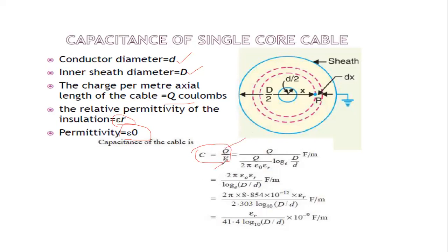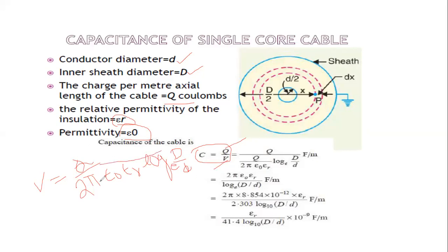Remember the voltage formula: V is equal to Q by 2 pi epsilon naught epsilon R log e D by d, where D is the diameter of the sheath and small d is the diameter of the conductor.